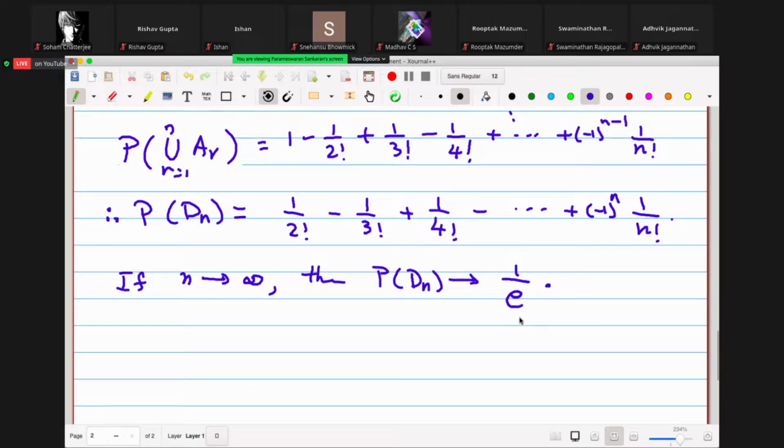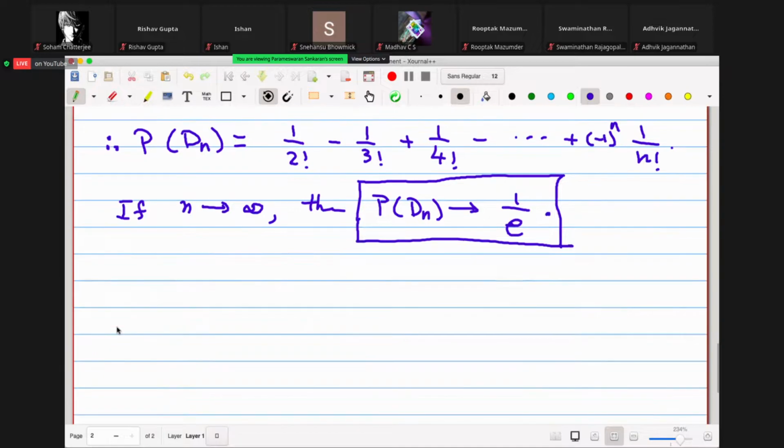So it's a very surprising result. Suddenly this exponential e appears. This is an interesting result in itself.